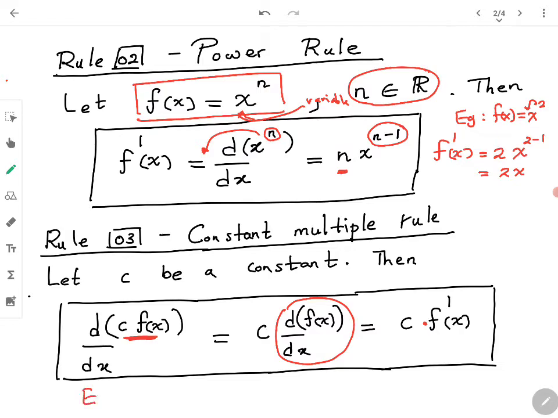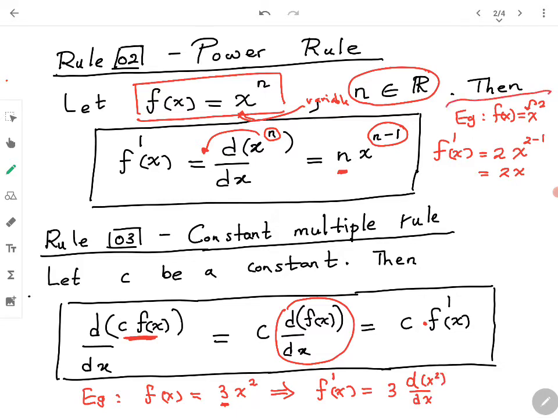For example, if I want to find the derivative of 3x squared, then what I do is just keep 3 in front, don't do anything to it, and just find the derivative of the variable part, which is x squared.